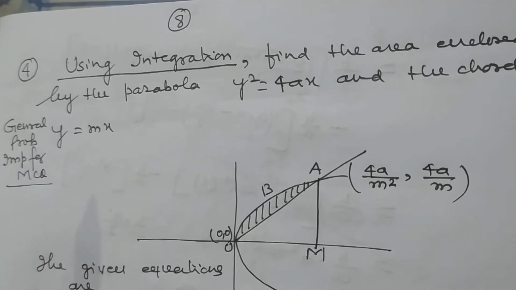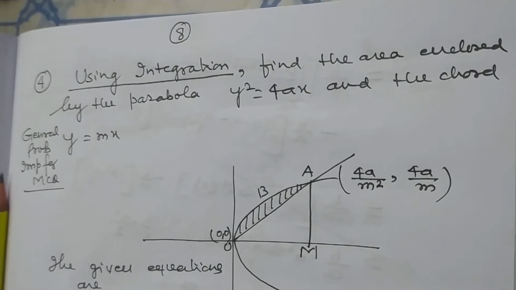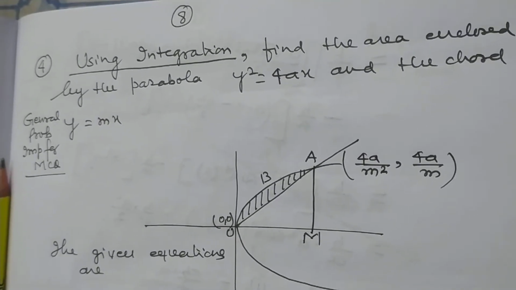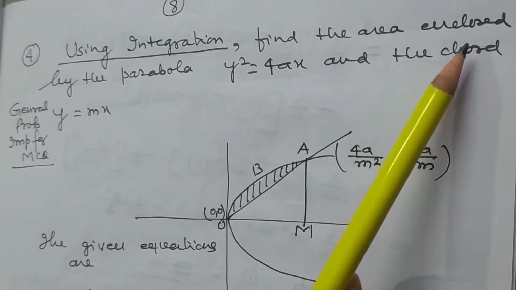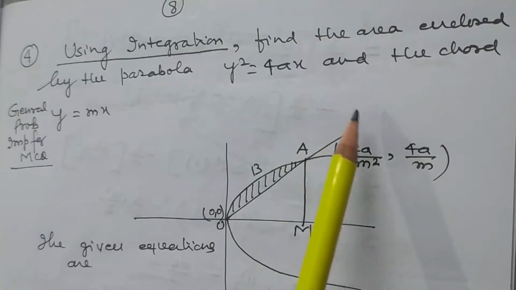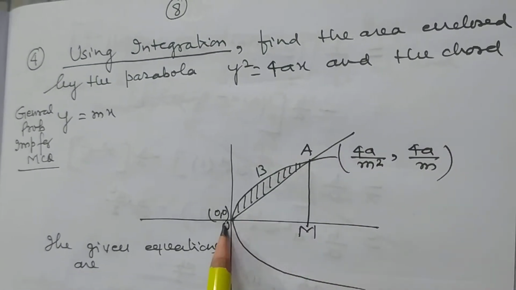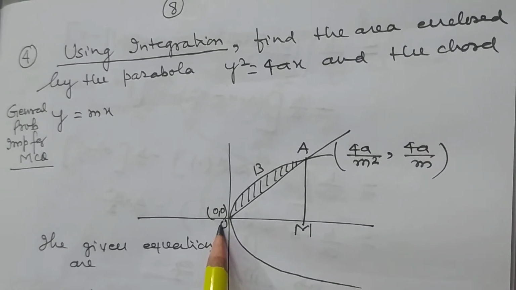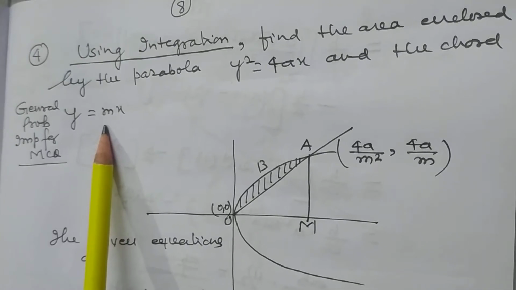My dear student, now I want to discuss also some more general problems. Find the area enclosed by the parabola y square equal to 4ax and the chord y is equal to mx, whatever the value of m.